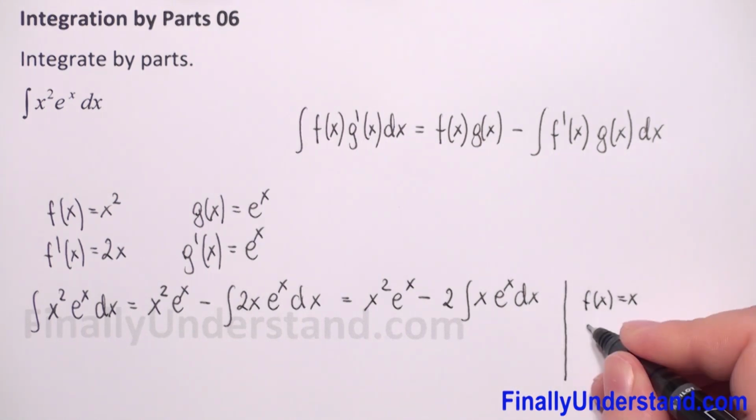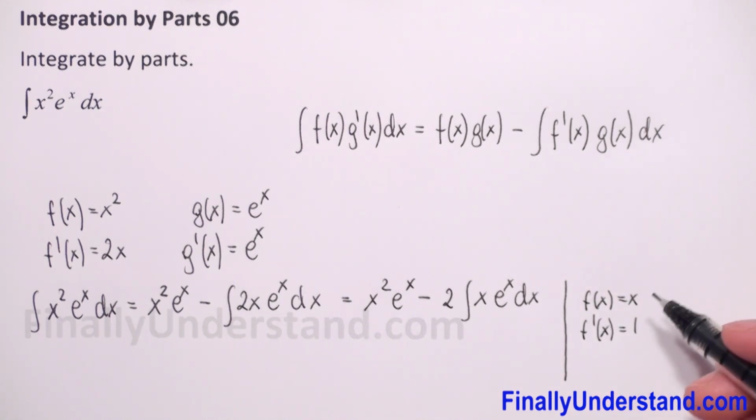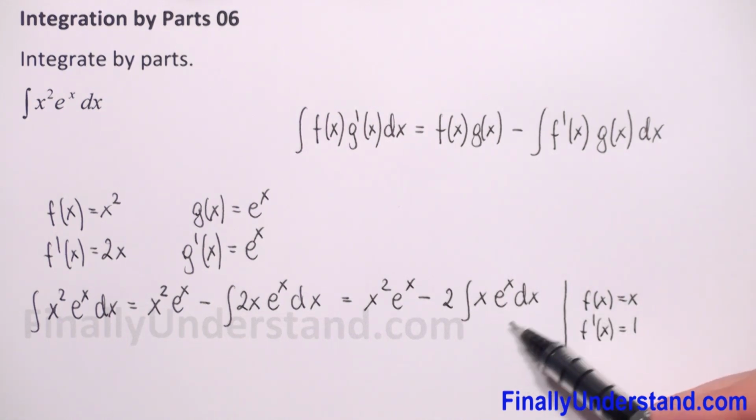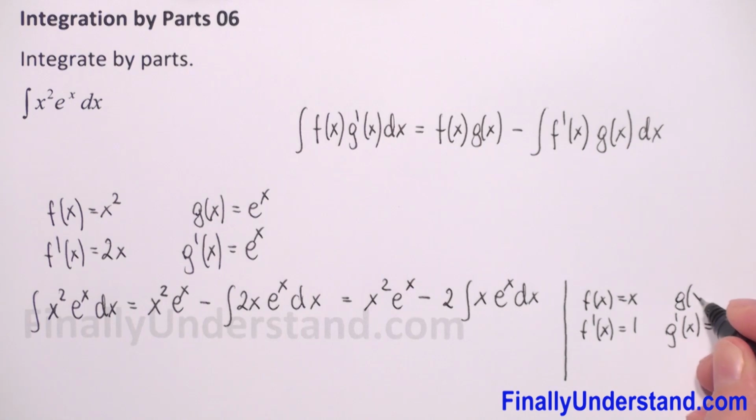Why? When I take f prime of x, it will be 1. So our function will be simpler now. And what is left? We have g prime of x equal to e to power x. The antiderivative of e to power x is e to power x.